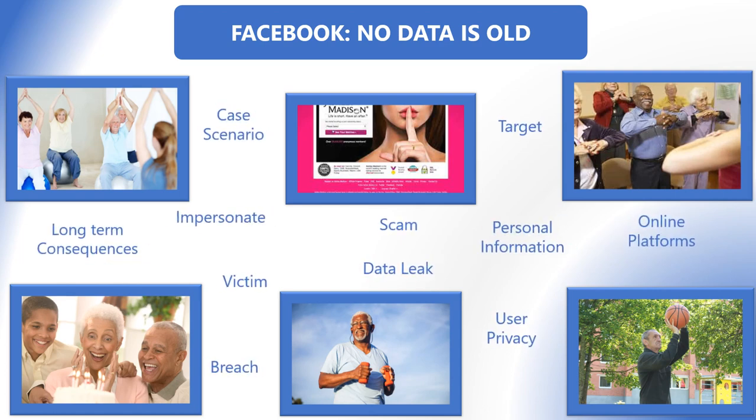Data breaches and leaks can have long-term consequences for victims. Once personal data is out there, it can be used to impersonate or scam users over and over. Threat actors know that users recycle and reuse personal information on online platforms. Even if you have already been a victim or target, it doesn't spare you from becoming one again.